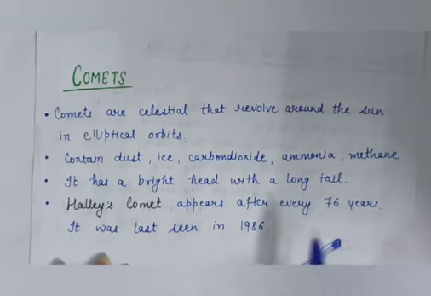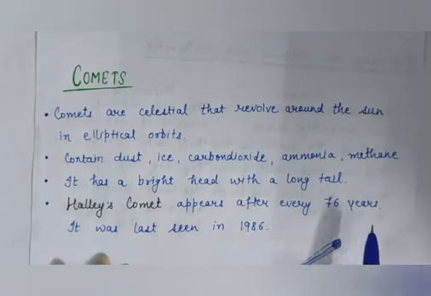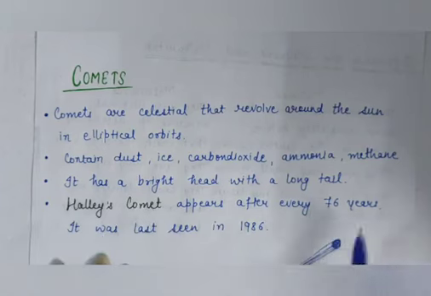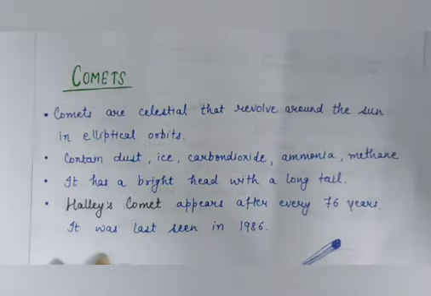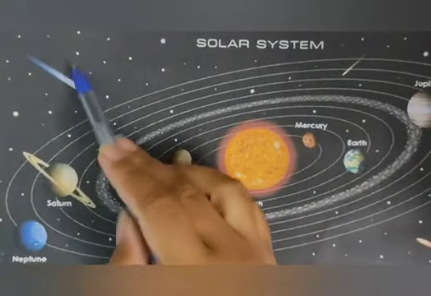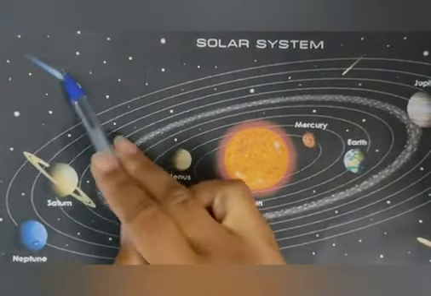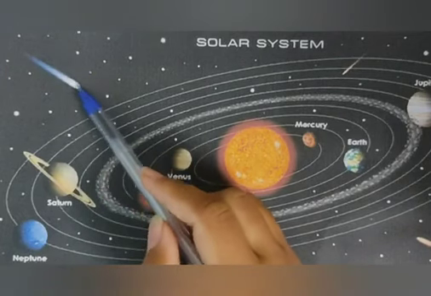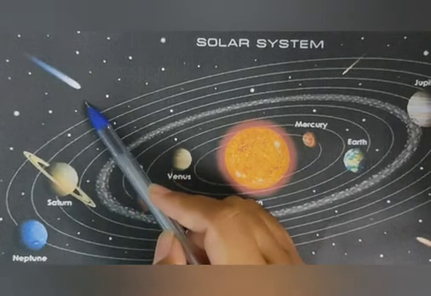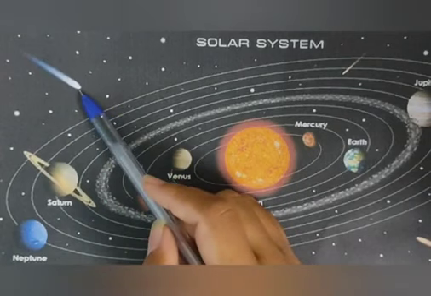Means comets appear periodically, like Halley's comet appears after every 76 years, and it was last seen in 1986. In this picture, this is a comet. It has a long tail and a bright head.